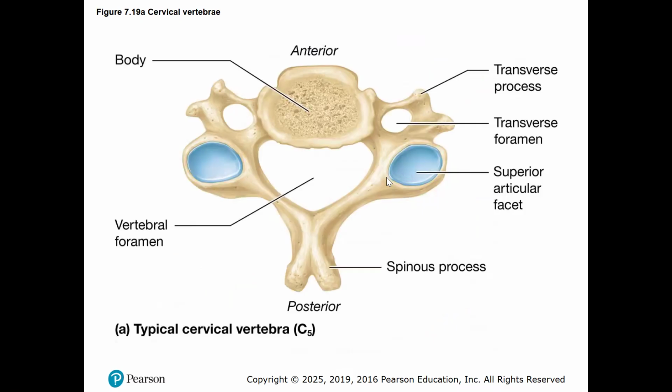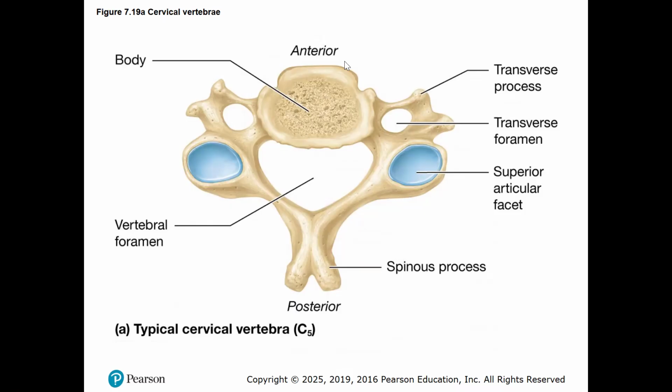Then we look at the features of a typical cervical vertebra. We spoke about that already. Anything major here? So as you go down, this is C5. Notice you have seven cervical vertebrae together.